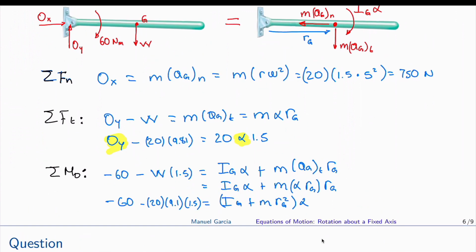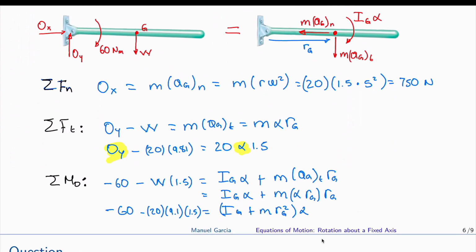So Ig is the moment of inertia of a bar, and so if we go to the tables, Ig is the mass multiplied by L squared divided by 12. Now Rg is also L over 2.